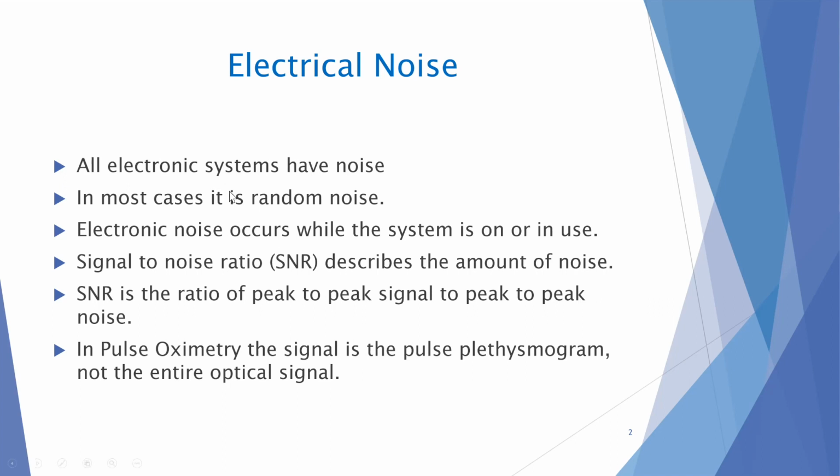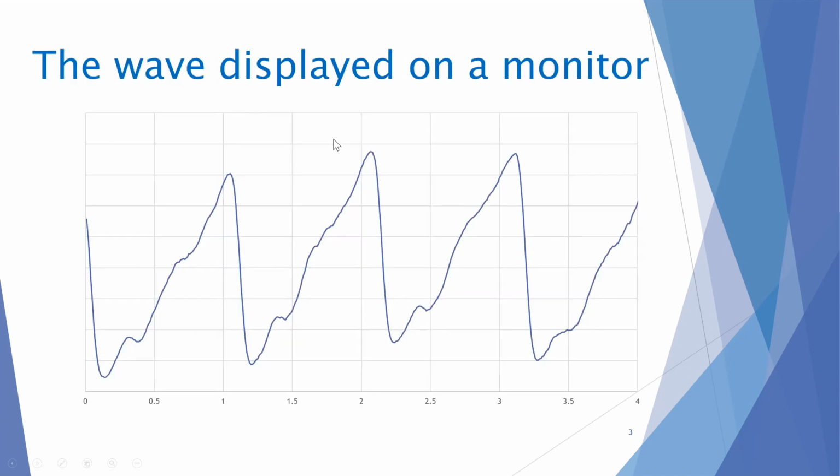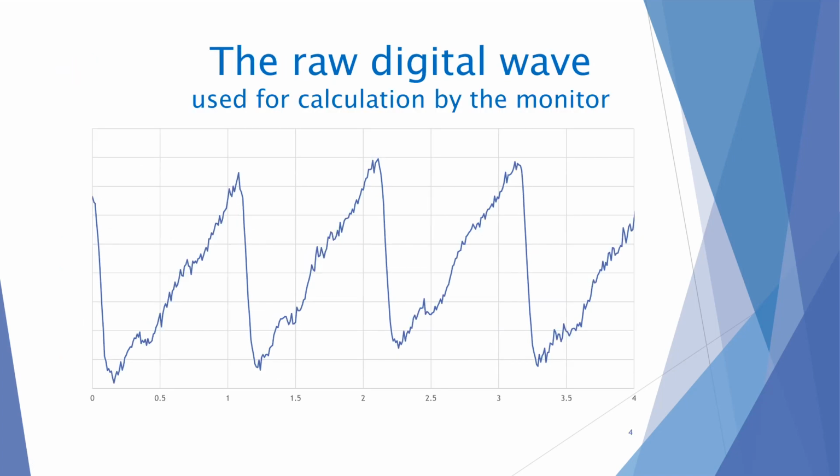And so we look at the plethysmogram, and this is the wave that you often see displayed on a monitor. It's a pretty clean, nice looking wave, but it's usually been filtered for display. And the underlying wave can look like this.